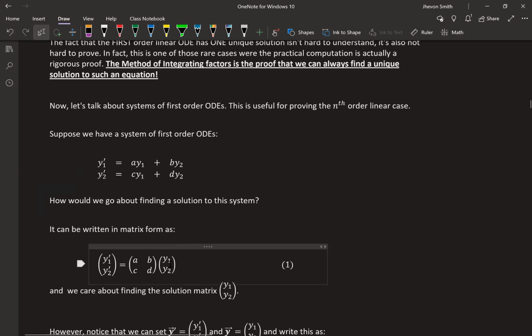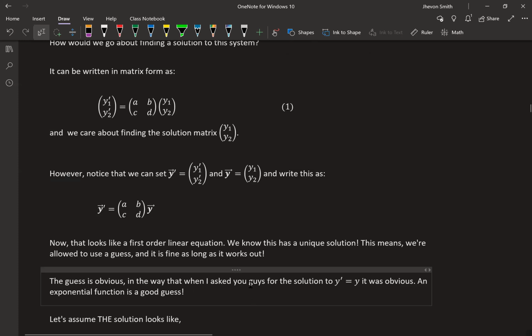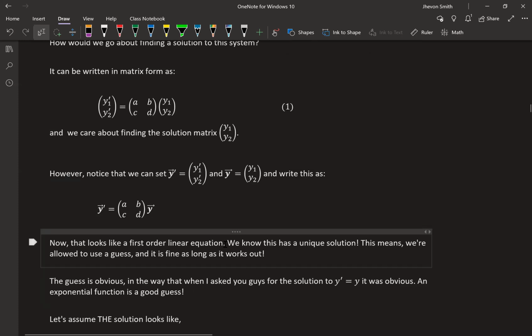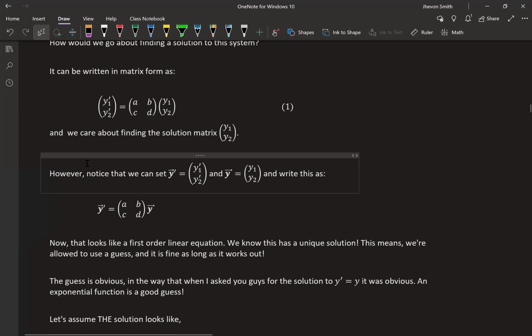I can write these in terms of matrices like this. And if I write vector y prime as this and just vector y as this, I can write the system as that: vector y prime equals this matrix times that y. Now this looks like a first order linear equation, which means we know that it has a solution, right? I can apply the above theorem to this.